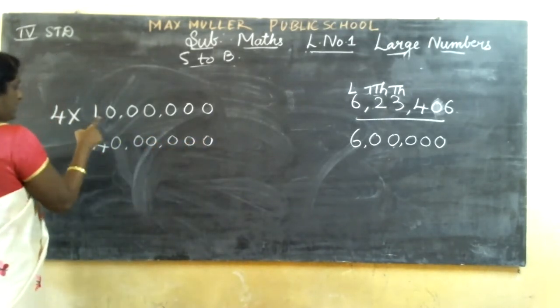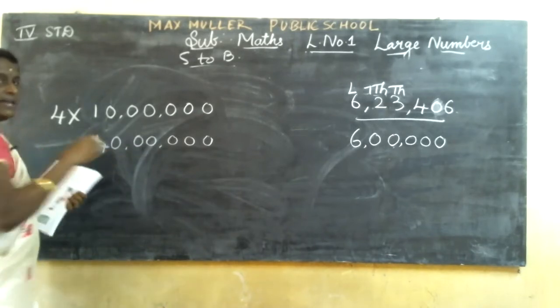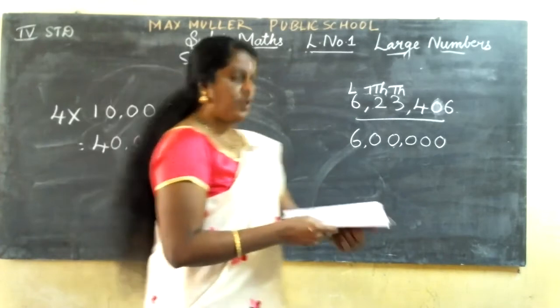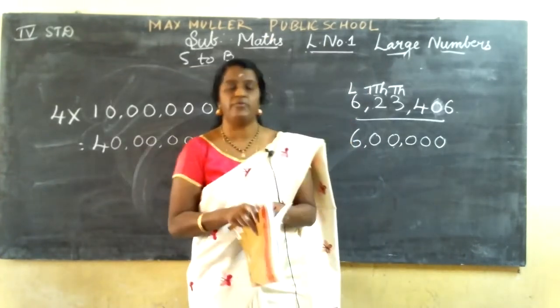So 4 in the 10 lakh place means 40 lakh. Like that you should expand and write. Okay children, the place value of 0 is always 0 irrespective of the place.